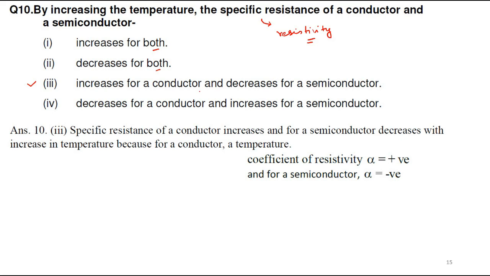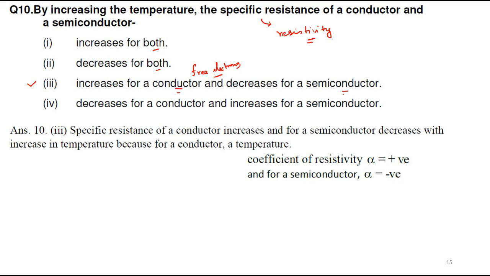See, why it happens like this is that the mechanism of conduction itself is different. For a conductor, you have free electrons. When temperature increases, relaxation time will decrease. That leads to an increase in resistance or resistivity.